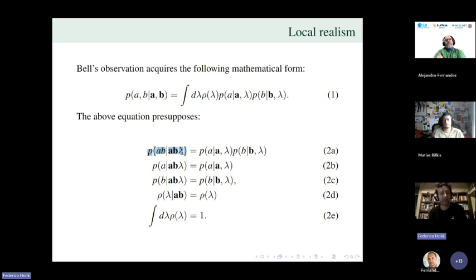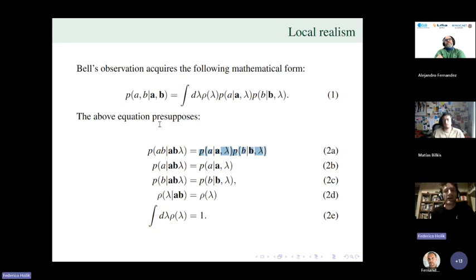And he says if there is locality, if Alice's measurement actions cannot affect Bob's and vice versa, then we should have also this separability condition. So this is the locality assumption. And this is why this is called local realism. Realism because you use hidden parameters, and local because you have this separability condition.